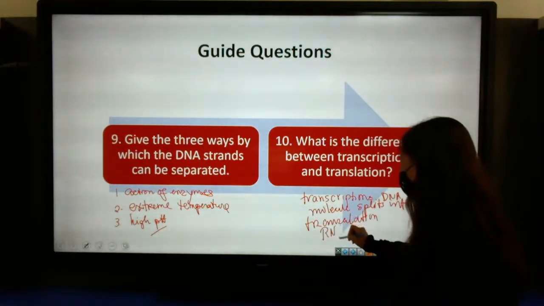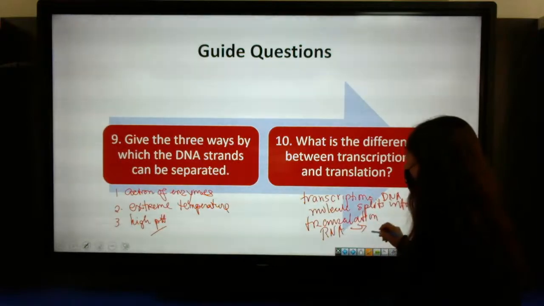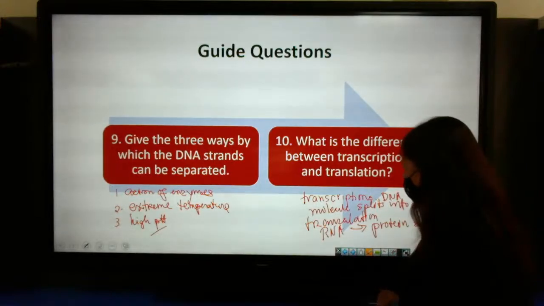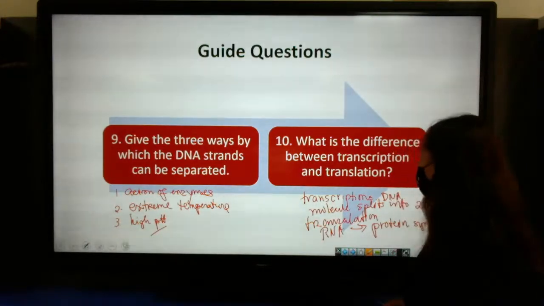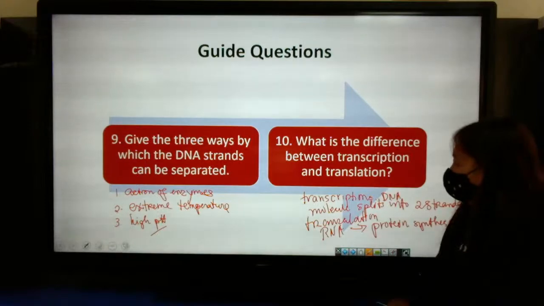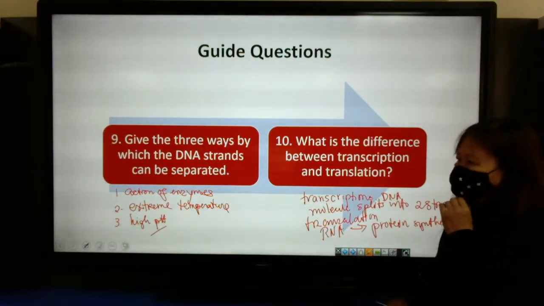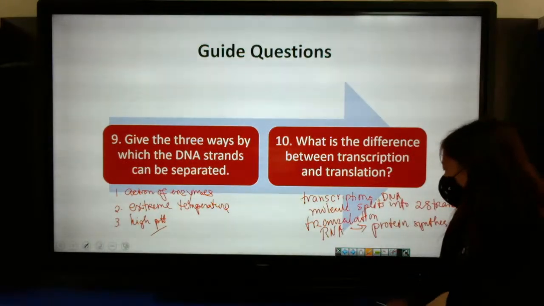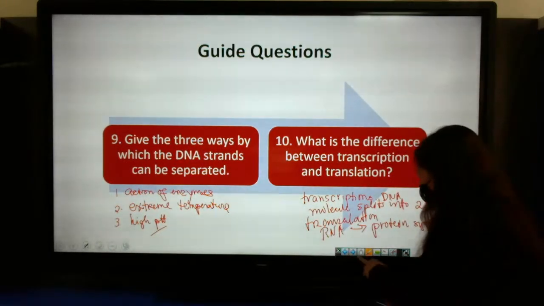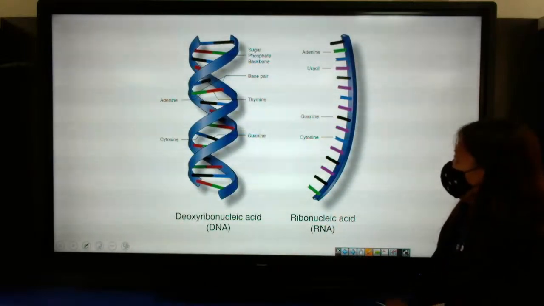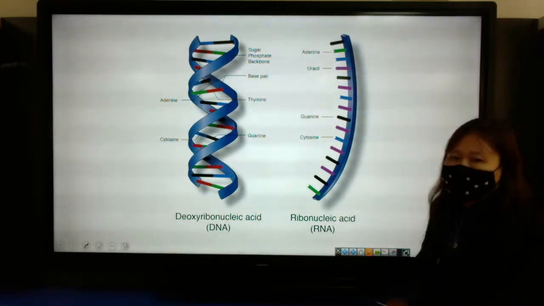So RNA is involved in protein synthesis. That is the difference. Now, this process of transcription and translation will be discussed next week when we do the topic on transcription and translation.